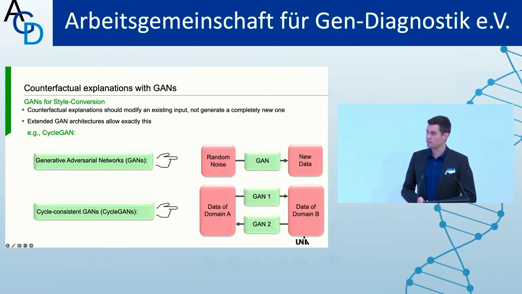So there come some alterations of GANs, because there have been developments in different directions, StyleGANs and also CycleGANs. And even more, I think we heard about StyleGANs in the previous talks as well.